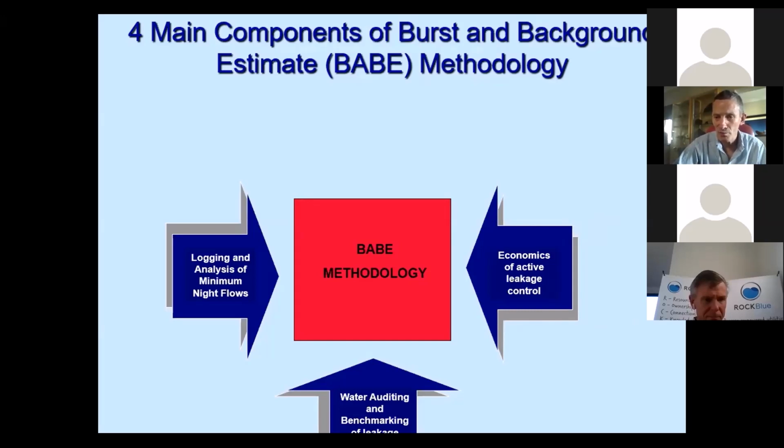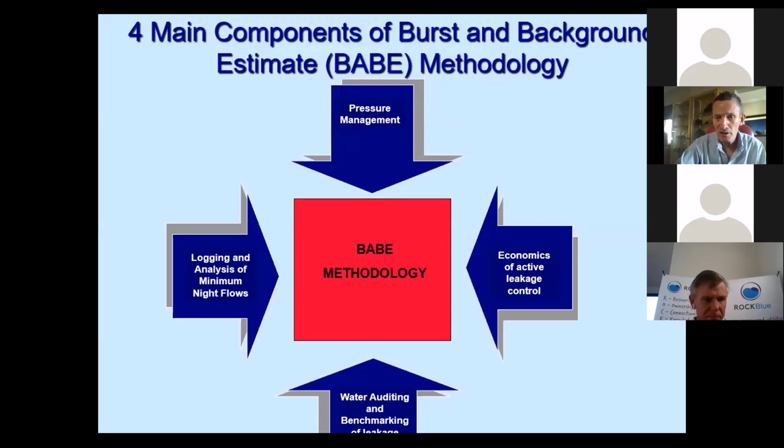If you're not repairing the visible leaks and the leaks that have already been reported, there really isn't a lot of sense in spending money going out looking for leaks that haven't been reported when you're not fixing the ones that have been reported. So there's a whole economics of active leakage control, and that's a third element of the BABE methodology.